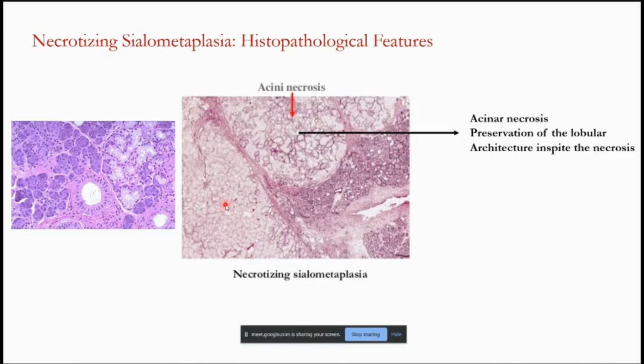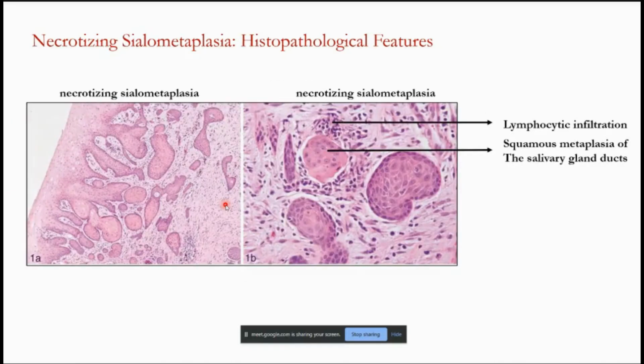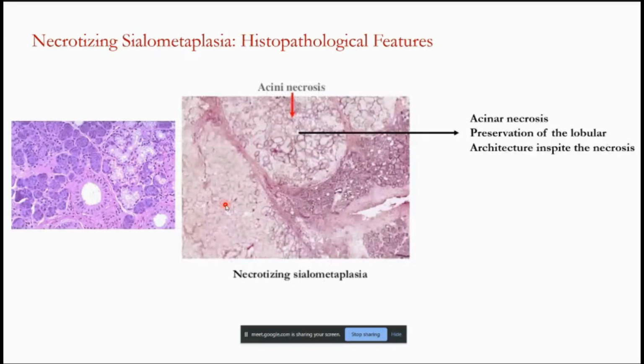And of course, along with those features, that is the lymphocytic infiltration and squamous metaplasia, there is also acinar destruction or acinar necrosis, but this can be seen in the malignant variety also. But one feature here is that there is a preservation of the lobular architecture. So the lobular architecture is saved or preserved even despite the necrosis which is seen.